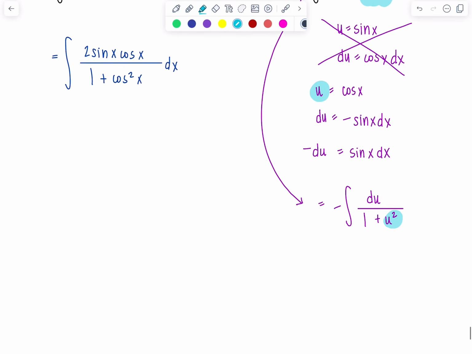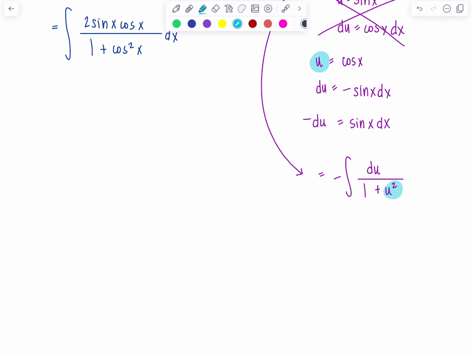And then hopefully you recognize, okay, antiderivative of 1 over 1 plus u squared is tan inverse of u. Just keep that negative. So this is negative tan inverse of u plus c. And then go back, replace u with what it originally was. So u was cosine of x plus c.